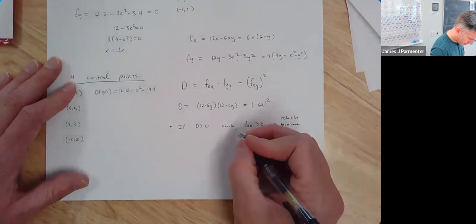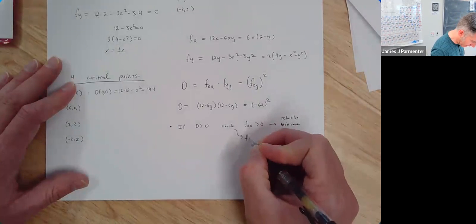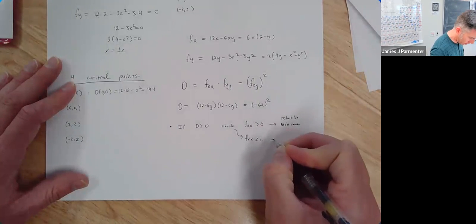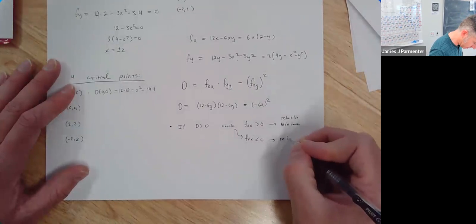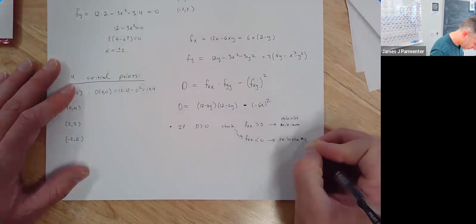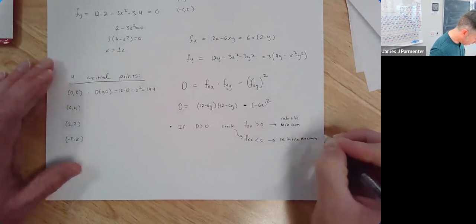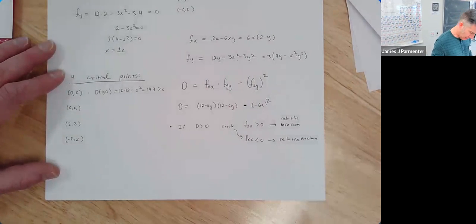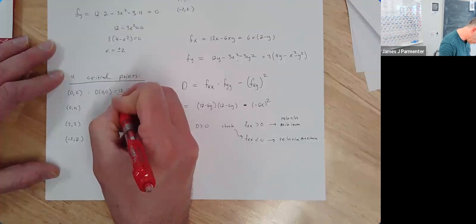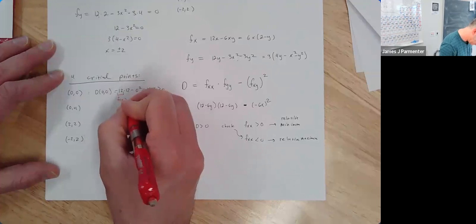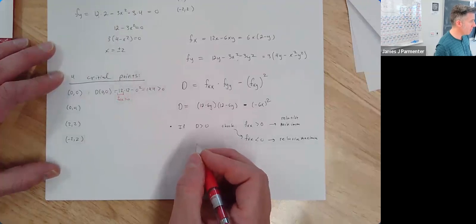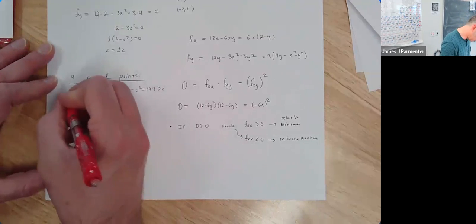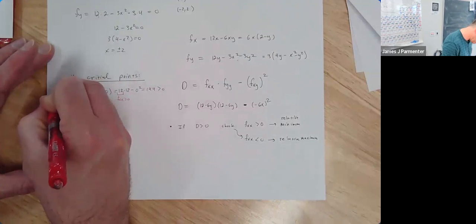On the other hand, if fxx ends up being negative, then we are concave down and we have a relative maximum. So here, where your D is definitely positive and your fxx is also positive, we have a relative minimum at 0, 0. 0, 0 is a relative minimum.